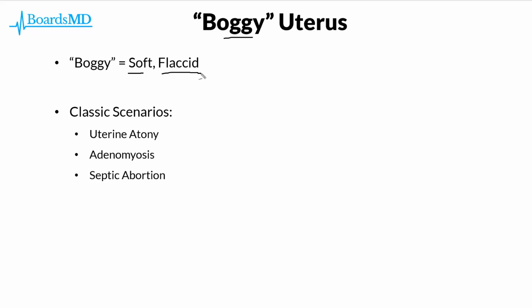The first classic scenario, which we see in the setting of postpartum hemorrhage, is uterine atony, which we discuss in detail in our postpartum hemorrhage section. We can also classically see a boggy uterus in our patients with adenomyosis. And lastly, and important for our purposes here, you can also see this soft, flaccid, boggy uterus in question stems in the context of patients with septic abortion.